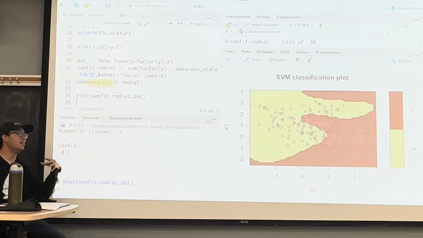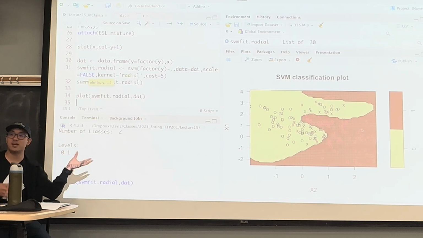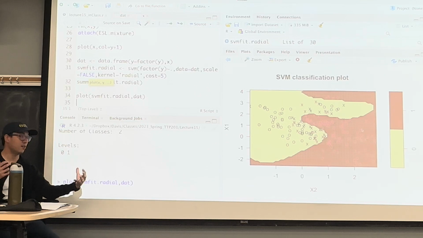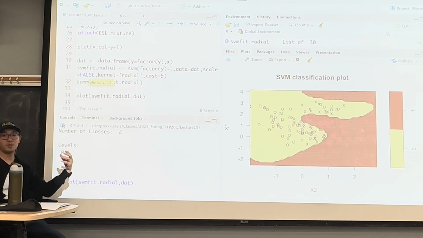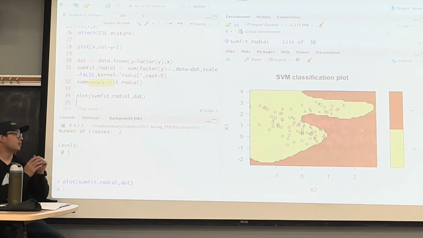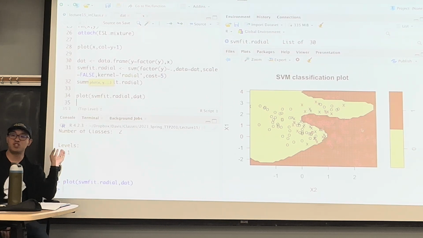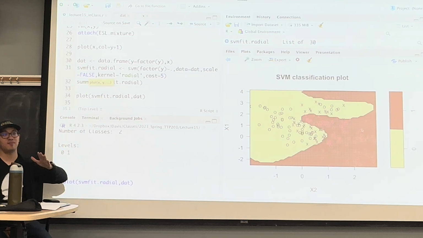You can think of this as more analogous to our k nearest neighbors example, but it's doing this with kernels as opposed to the k nearest neighbor algorithm. So from a predictive standpoint, generally these models are going to do a lot better than a logistic model, which is going to be constrained to have linear hyperplanes.